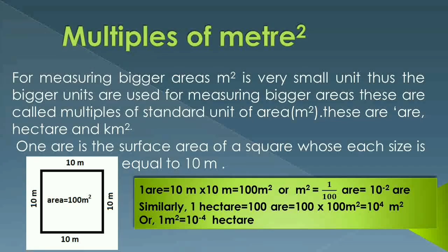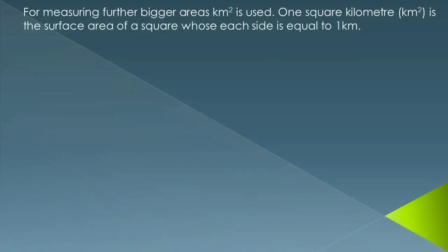So hectare and are are the multiples of the standard unit of area, that is meter square. For measuring bigger areas, such as the area of a district, a state or a country, even hectare and are are very small and inconvenient units.